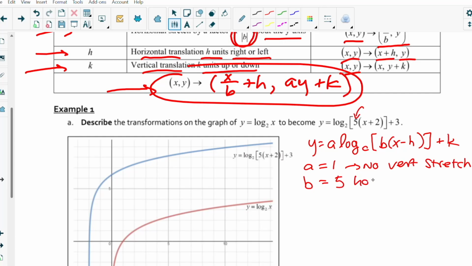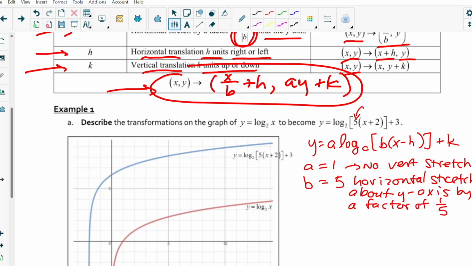That is a horizontal stretch about the y-axis by a factor of 1/5. Remember, for the b value, the factor is 1 over the absolute value of b. That's 1 over the absolute value of 5, and that's how we get 1/5.